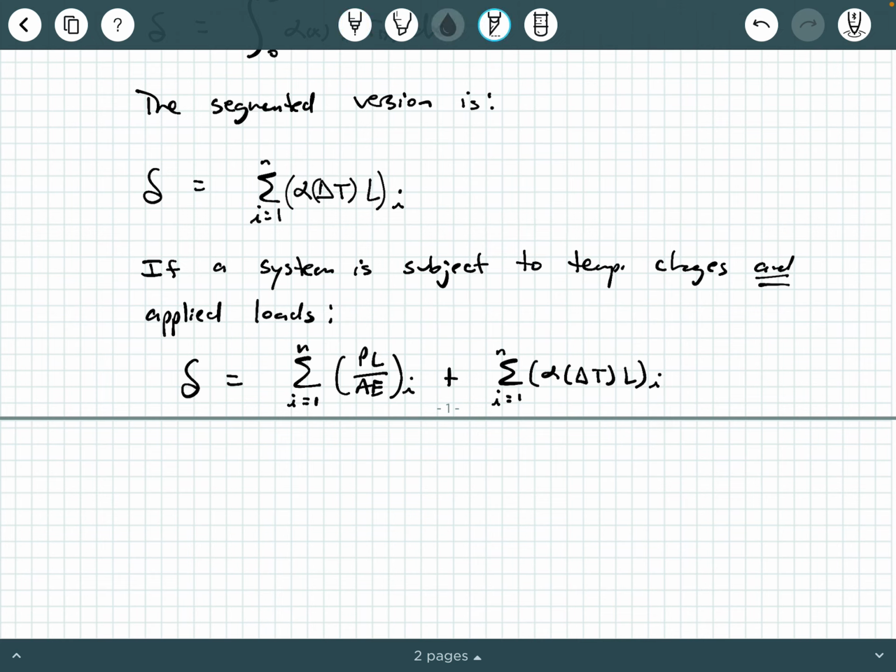This larger formula accounts for a segmented axially loaded system with applied loads causing deformations and changes in temperature causing deformations on the same system. You can add these terms up and that will give you an axial deformation due to both applied loading and changes in temperature. That's a more robust version of axial deformation, balled up into one big formula. So that's our summary of axial thermal deformations, and that's going to conclude this video.